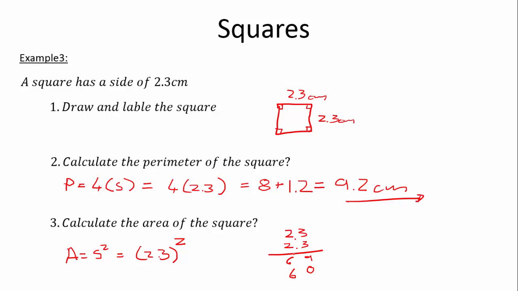That's 6. And 2 times 2 is 4. We add these up, we get 5, 2, 9. We have 2 decimals, so the decimal comes there. And that is 5.29 units squared. And that is your answer.